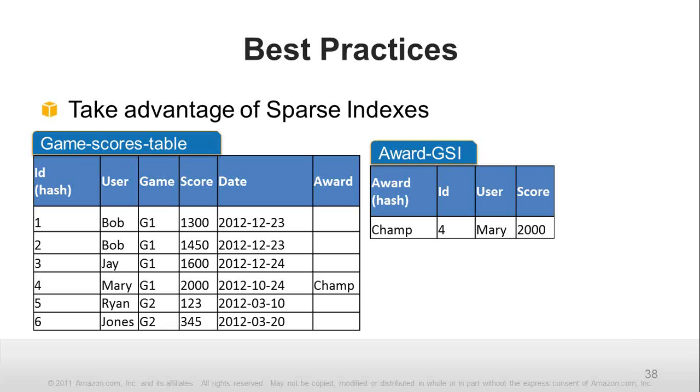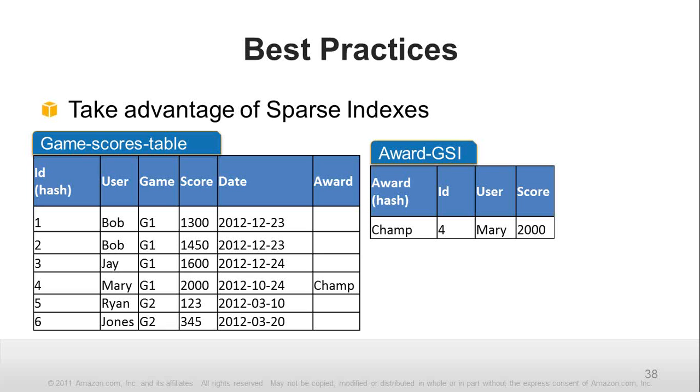And if the query is to give me all the champs for this game, you could simply create an award GSI, with award as the hash key. That GSI will only contain a single record for this data.